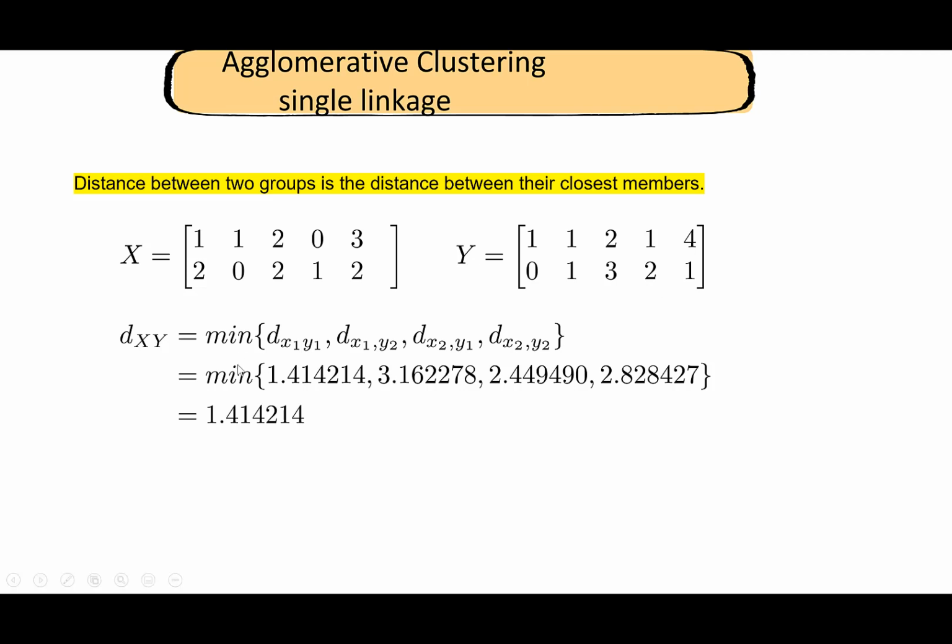That is the distance between the two clusters. So basically, in single linkage, the distance between two groups is the distance between their closest members. In our case, X1 and Y1 are the closest members because their distance is the smallest. So the distance between the two groups is the same as the distance between X1 and Y1.